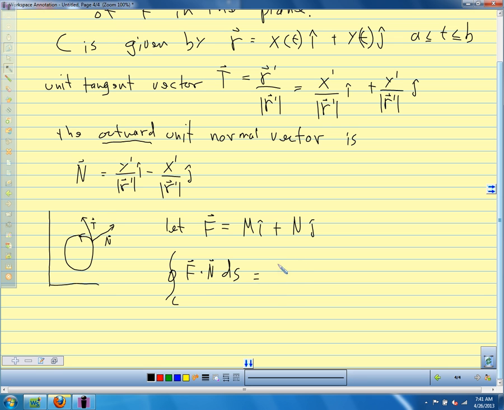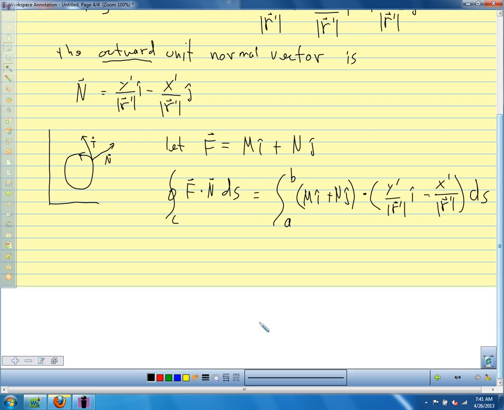That's going to be the integral from a to b of m i plus n j dot this quantity, ds. So we're summing the normal component of f around our curve.